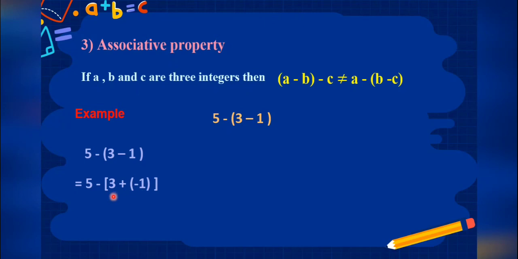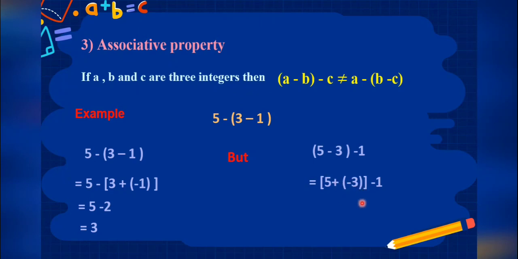What if I make another bracket? Here I will group 5 and 3. 5 minus 3, then minus 1. 5 minus 3 is equal to 5 plus negative 3, which is 2. 2 minus 1 is 1.